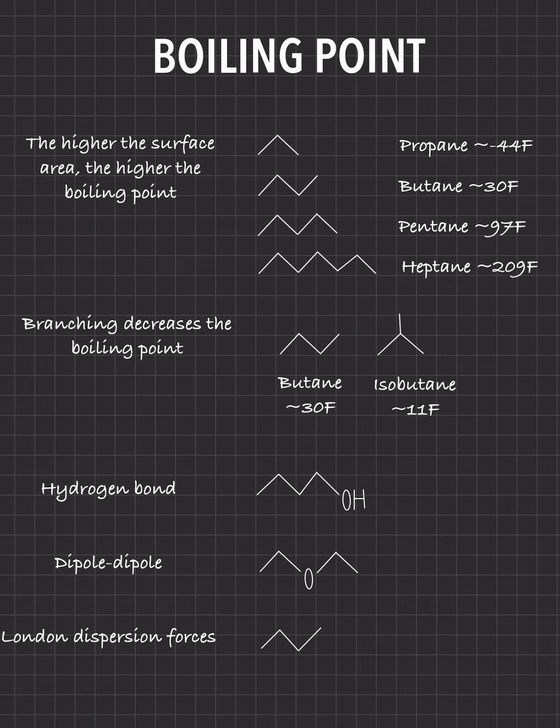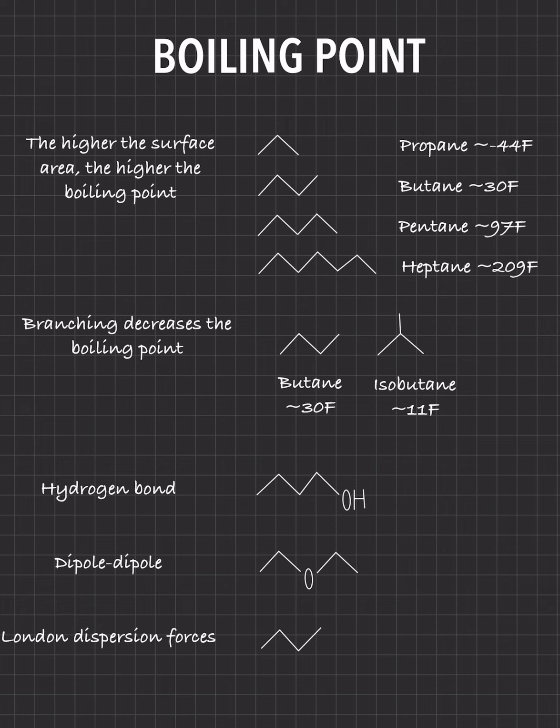If I take 2 butanols, or 2 of the first molecule, and put them against each other, you will have hydrogen bonding. If I take 2 of these and put them against each other, you're not going to have hydrogen bonding, but yes, you could have dipole interactions. And if I put 2 of these against each other, you're going to have LDFs, but you're not going to have dipole-dipole, and you're not going to have hydrogen bonding.